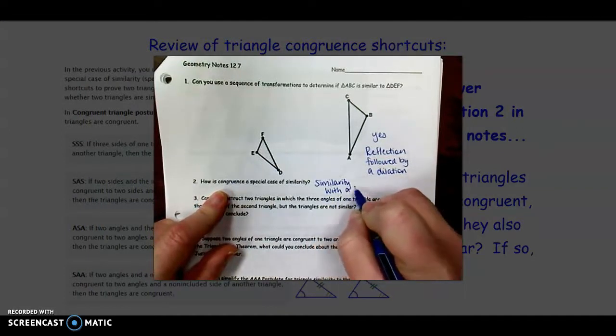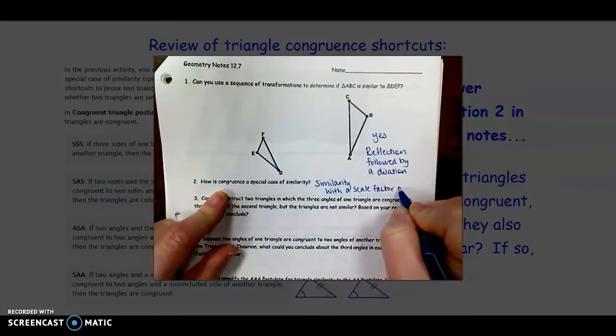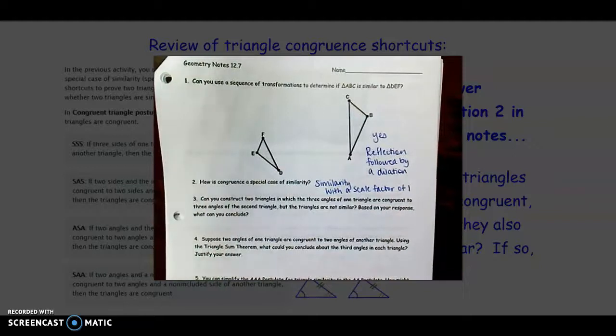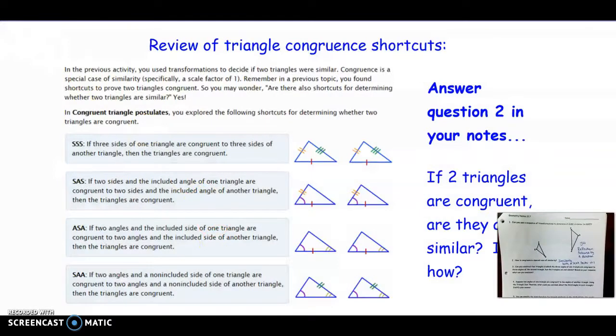So it still follows all of the same properties of similar figures in the fact that its corresponding angles have to be congruent and the corresponding sides have to be proportional. It's just the ratio is going to be a 1-to-1 ratio for congruent figures.